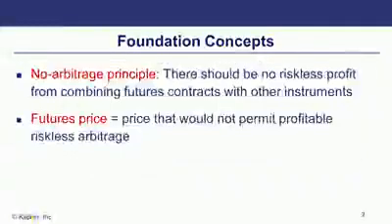Firstly, the same principle applies here. When we are pricing a futures contract, we still want to use the no arbitrage principle, i.e. the idea that at initiation the value of the contract should be equal to 0.